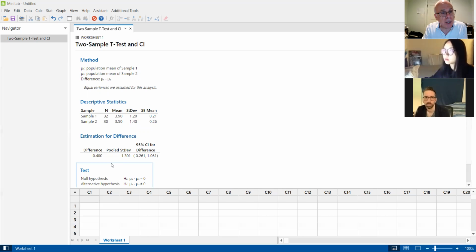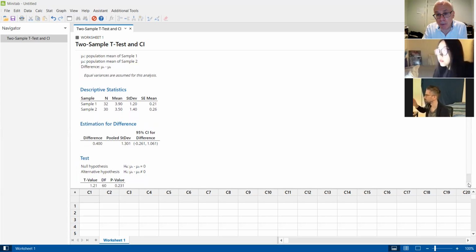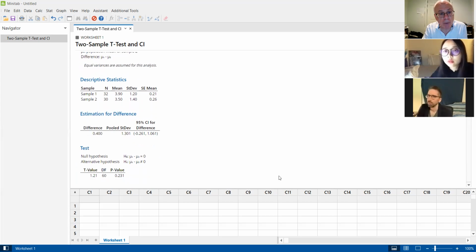All right. Now, does it give us anything else here that we could use? Does it give us any sort of result? Do we see anything here as a result? P-value. Oh, if you scroll down a little bit, there we go. Here is our t-statistic. And here's our degrees of freedom. Now, how do we know the degrees of freedom are correct?